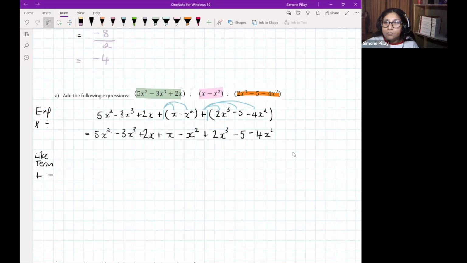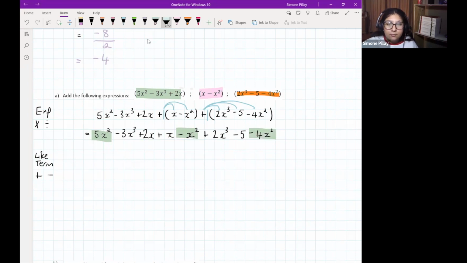Ma'am, we're gonna say positive 5x to the exponent of 2, minus x to the exponent of 2, negative 4x cubed squared.